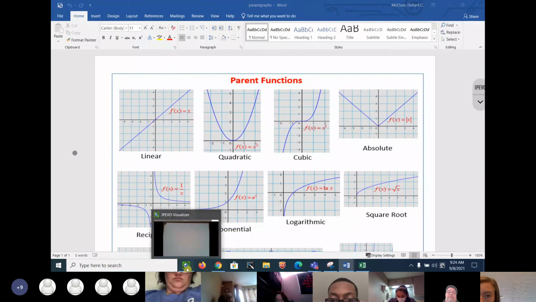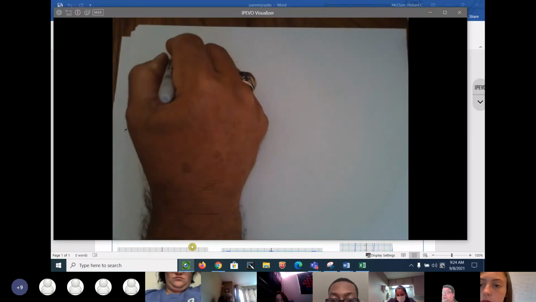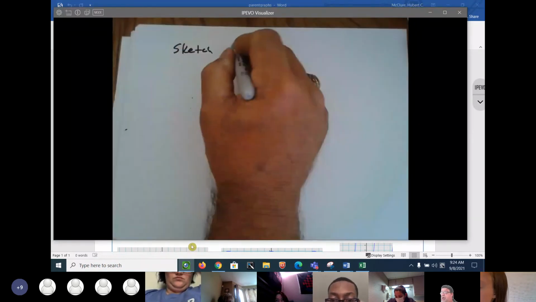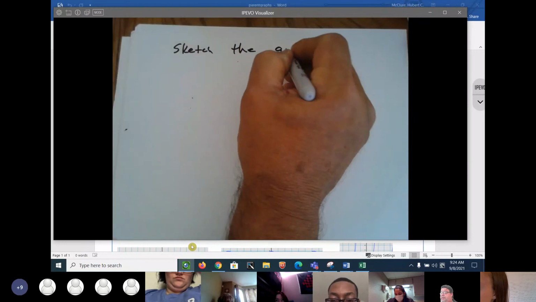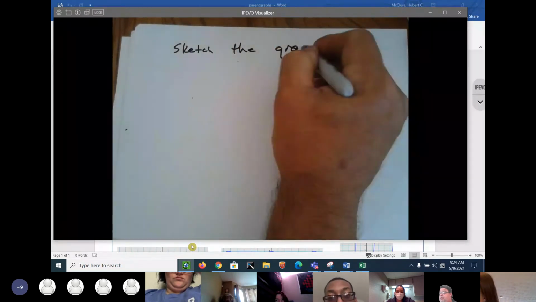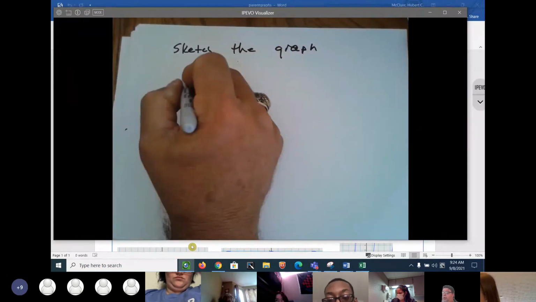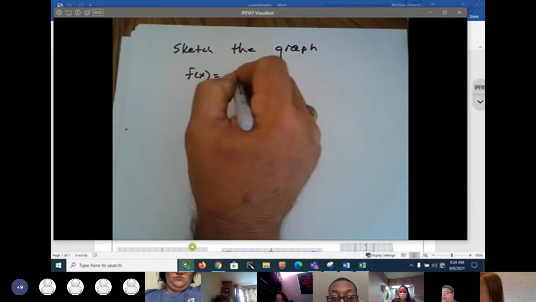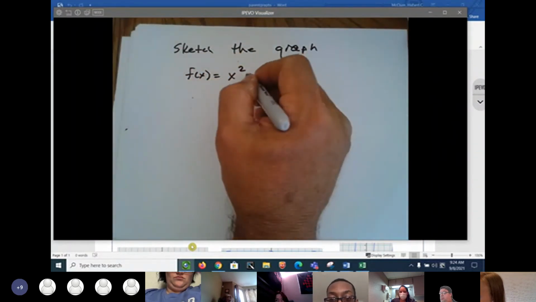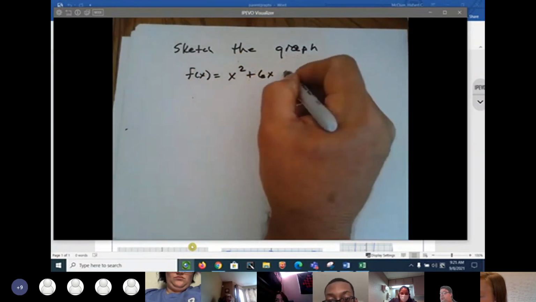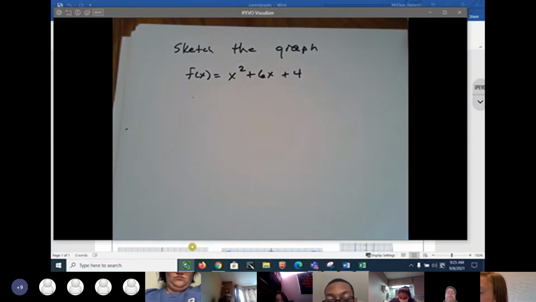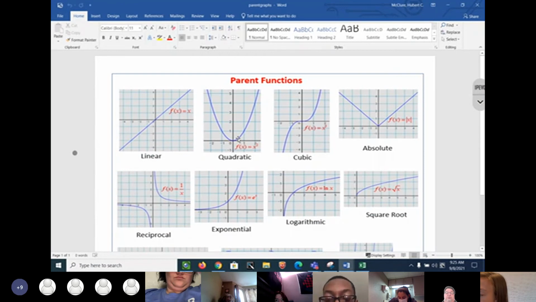Okay. So let's say that they tell us, sketch the graph f of x is equal to x squared plus 6x plus 4. Well, I automatically know that it is a quadratic, and I know it's got a y-intercept of 4.